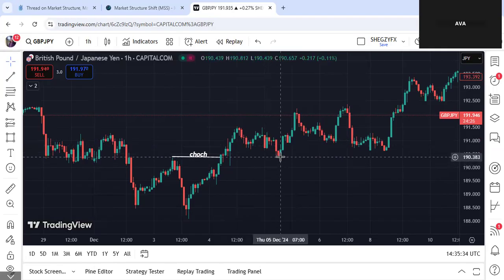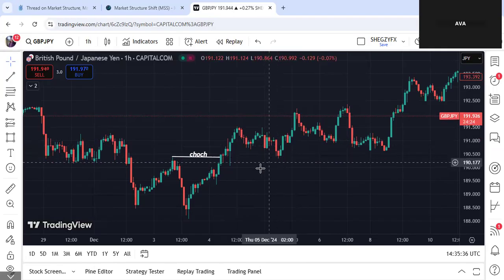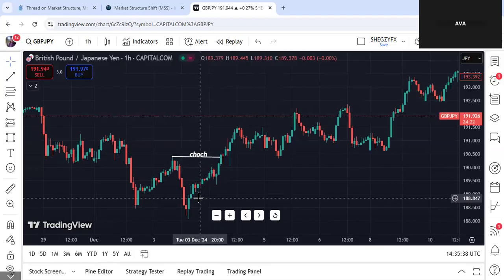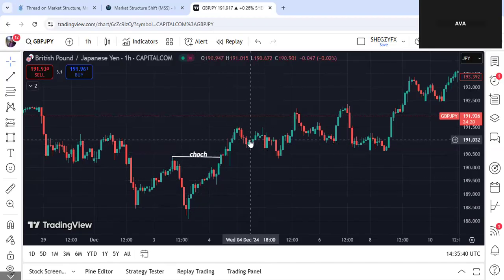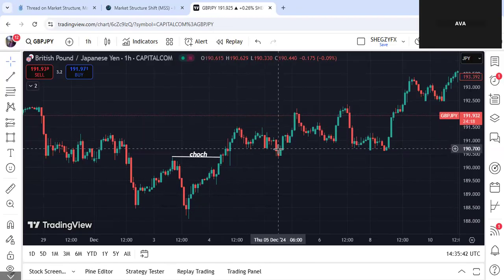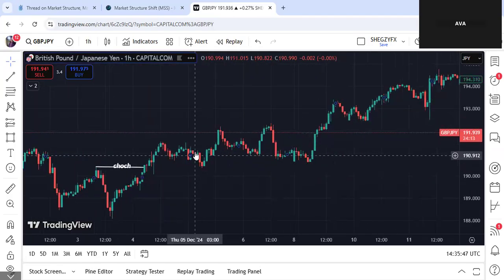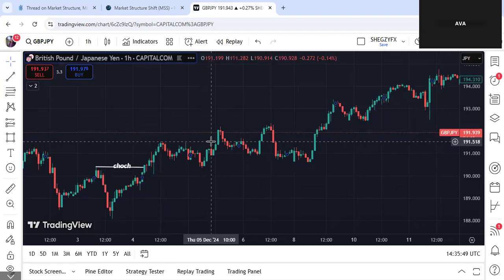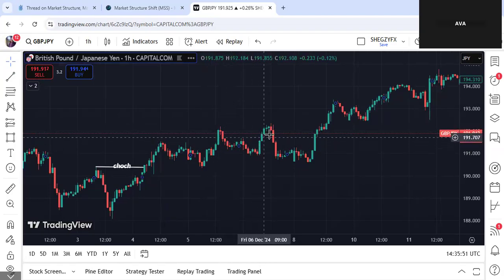Can you see the higher low? Yes. But unfortunately, not every time will the market come down to the FVG, to the support. You can see it just did a higher low, because the market is not every time coming back.